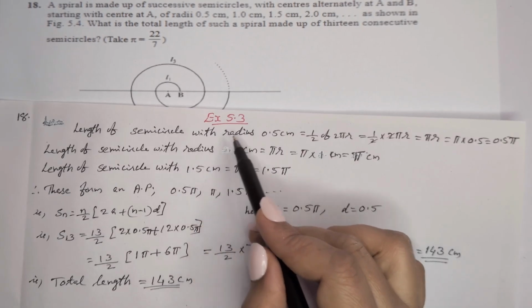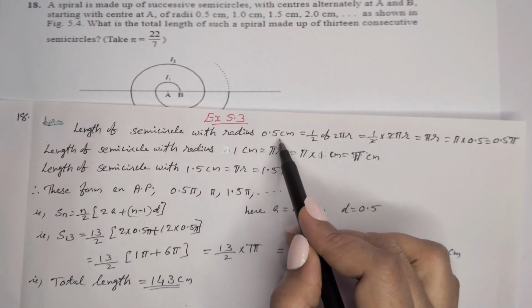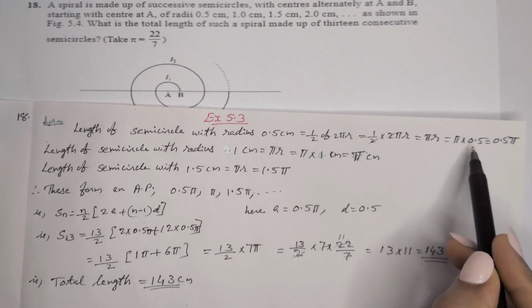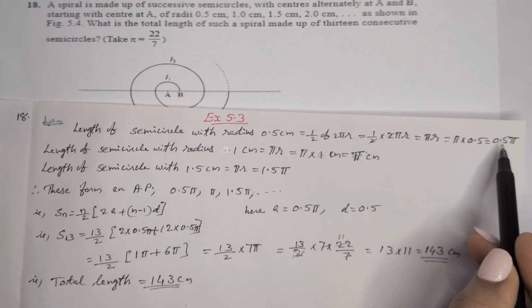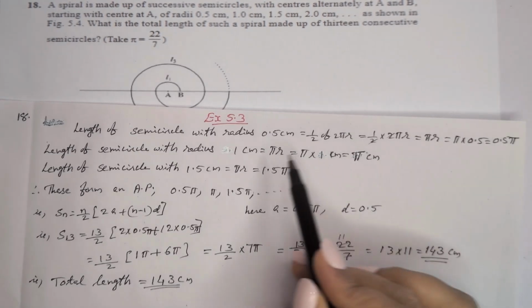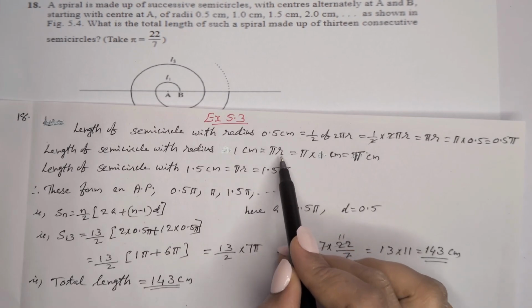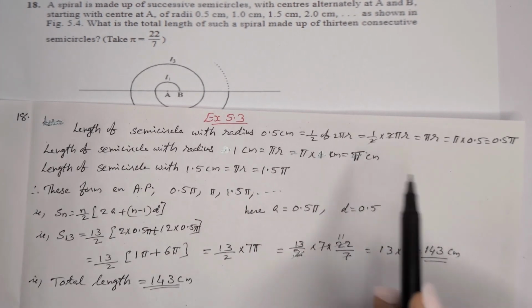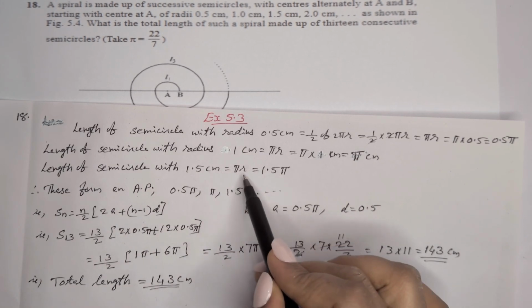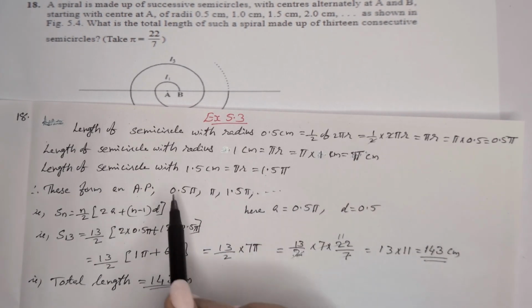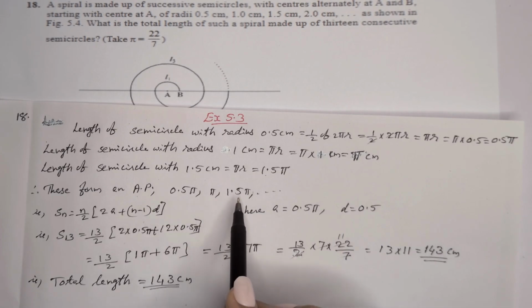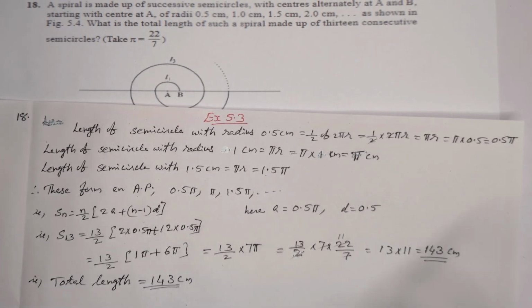So the length of the semicircle with radius 0.5 will come as pi into 0.5, so 0.5 pi. With 1 centimeter, pi r is pi into 1, which is equal to pi centimeter. 1.5 centimeter means 1.5 pi. So we are getting here an AP: 0.5 pi, pi, 1.5 pi, etc.